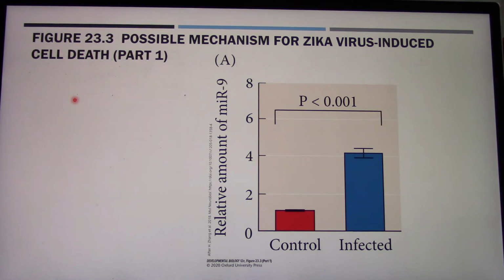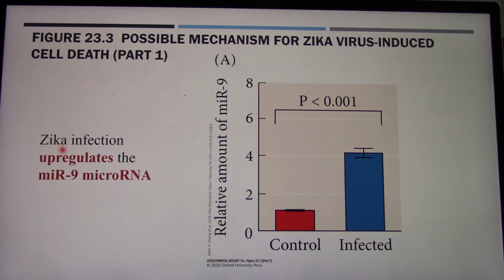Figure 23.3 looks at the possible mechanism for Zika virus-induced cell death in those babies' brains. What we're looking at here is a figure that's going to show us that Zika infection upregulates the microRNA known as MIR-9. So why would it upregulate that?